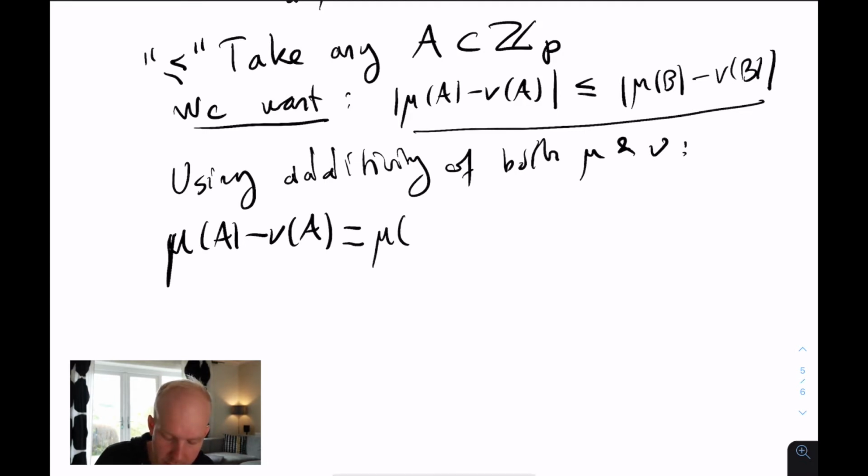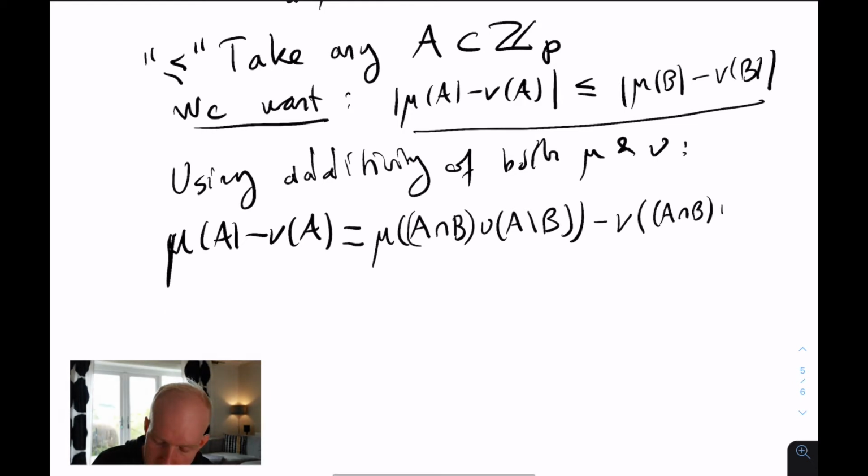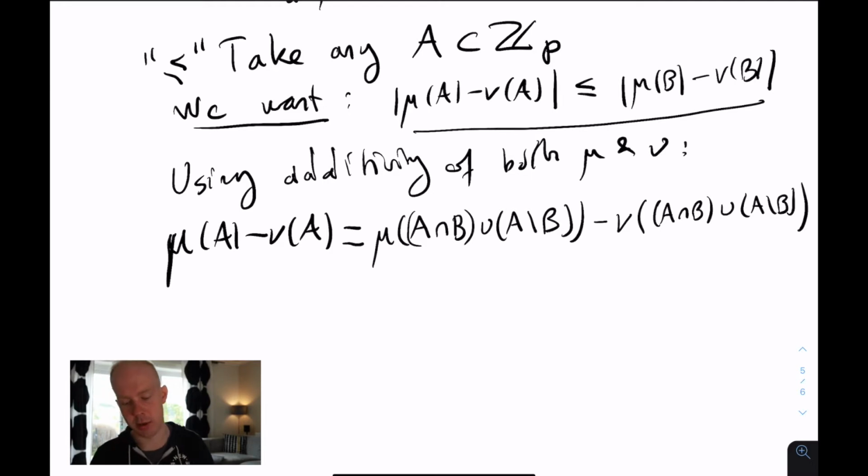We can take mu of A intersection B, union A minus B, and subtract nu of the same thing, A intersection B union A minus B. That is a set-theoretical idea where you just add and subtract.